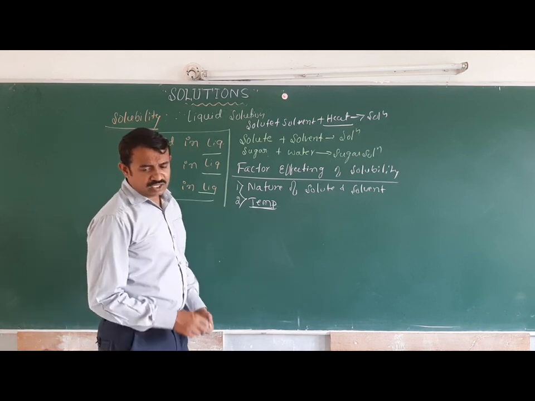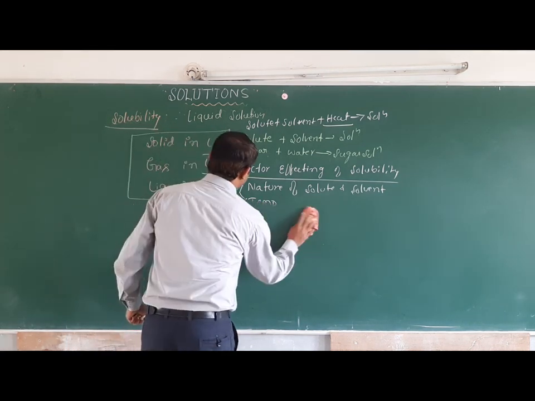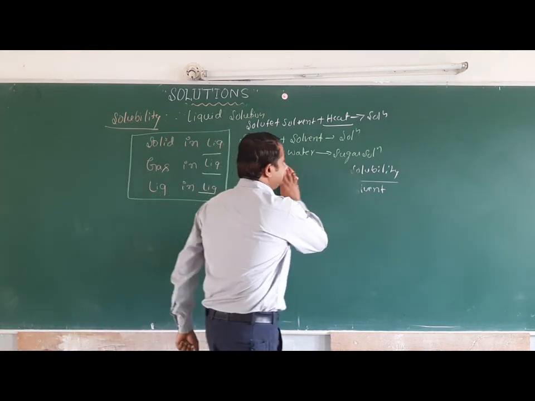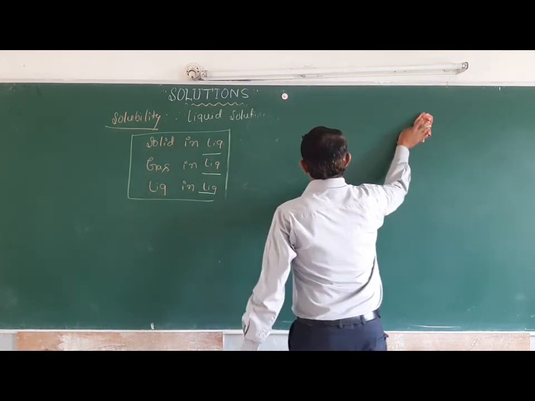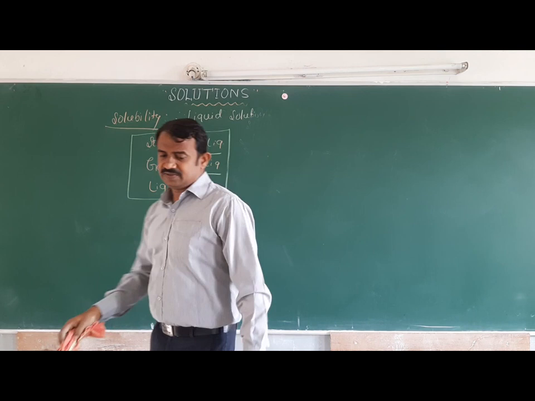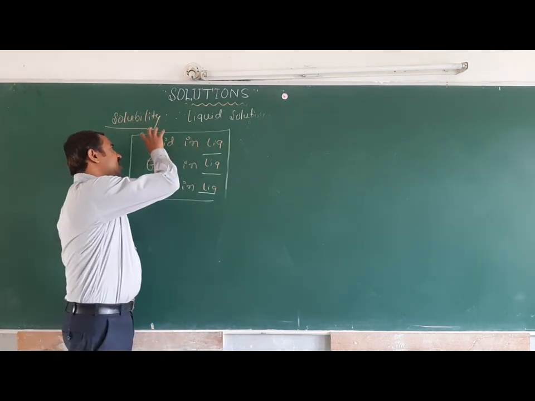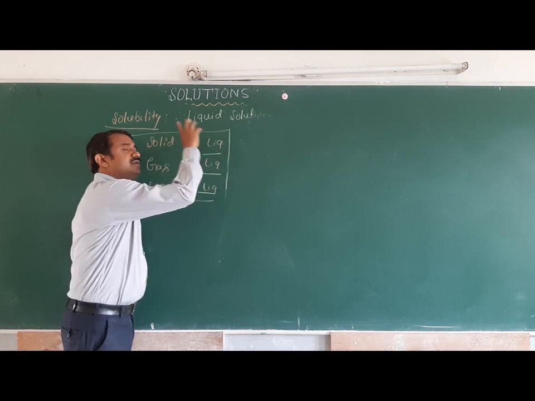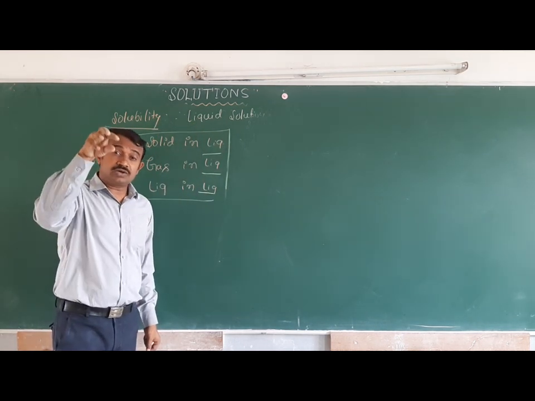Next we will go for the first concept, solid dissolved in liquid. When 10 gram of any solid is dissolved in water, if the temperature increases, solubility also increases. A particular solid is dissolved in a particular liquid.